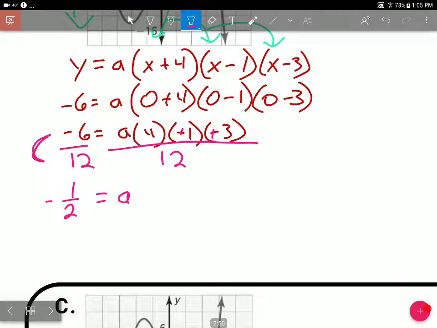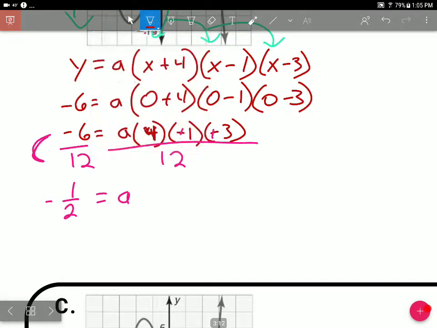So we have our a value. 4 times 1 times 3 is 12. The answer for a, the scale factor, is -1/2. So now, question.